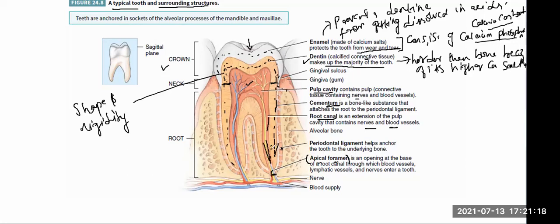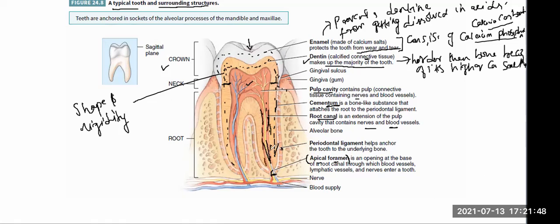This is an opening. This is the root canal. I'll again repeat, this is the root canal, right? These are narrow extensions of the pulp cavity. You can see this is narrow. This is the pulp cavity. It continues, this is a narrow way, and it continues inside the root, and here at the base there is an opening of this root canal.